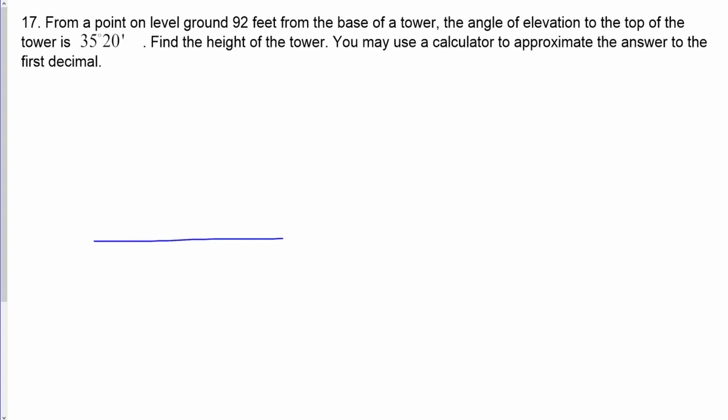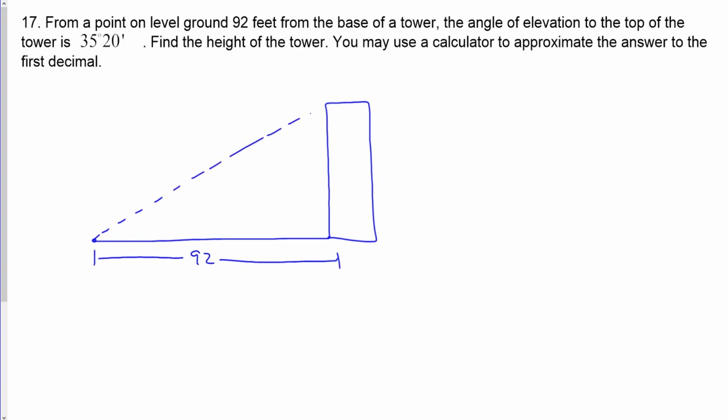So we have a tower here, and you're 92 feet away from the tower. There's an angle of elevation to the top of the tower, which measures 35 degrees, 20 minutes. And we're trying to figure out what that value is right there, which is the height of the tower.